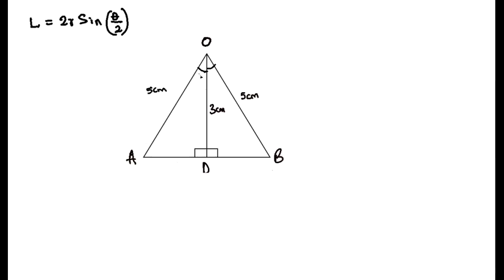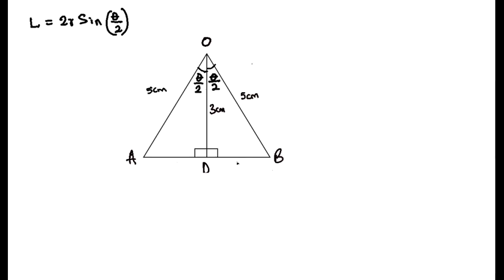Now I told you something while I was deriving this formula, that any angle I have at the center, once OD passes through that angle, it bisects the angle into two. So let's say the angle at the center is theta. Since this line has passed through and bisected it, here becomes theta over 2. Also here becomes theta over 2.